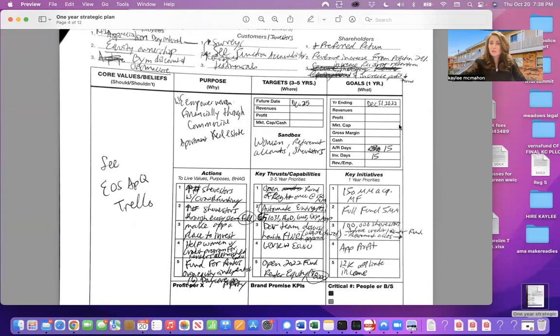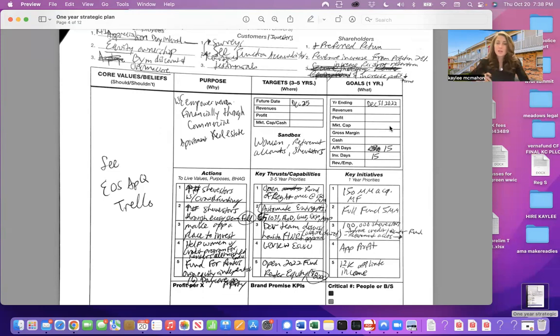This is not great, but normally this is filled out, and I have it in Trello with your chief financial officer, whoever is in charge of the company's finances. You want to go through this with them at least once a year. We did it quarterly on our team. You want to be very aware of what you're working with and what's not going well.